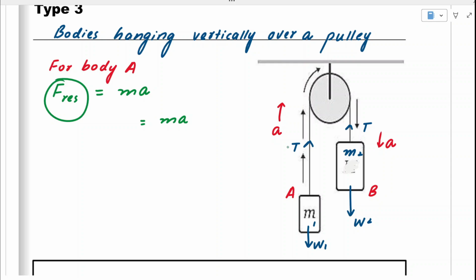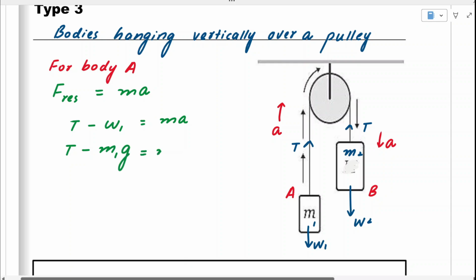The acceleration is upward, so T has to be greater than the force downward, W1. So the resultant force would be T minus W1. Or you can also write it this way, T minus mg equals m1a, and the mass on the left side is m1. So all the masses would be written as m1.